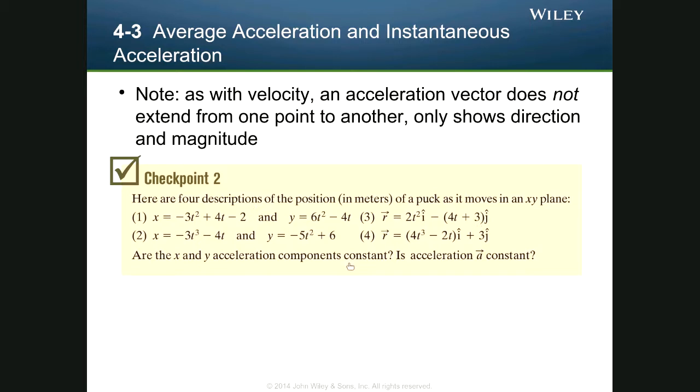It wants to know are the x and y accelerations constant components, and is acceleration a constant. These build up on each other, right? In order for a to be constant, both the x and y acceleration components must be constant. So let's look at 1, and you'll work on the other 3 on your own for a little bit.